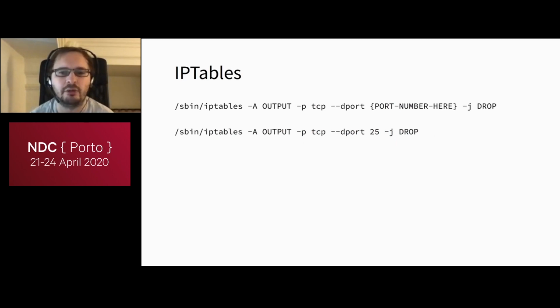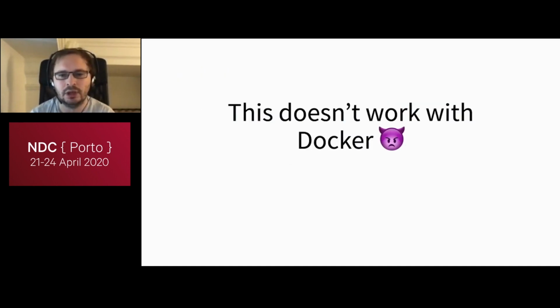So in this case, we're just saying we're dropping all outbound access to port 25. So, for example, people can't talk to a mail server running on port 25 to send out spam email. And this can be a range of ports or anything else we have in place, for example, BitTorrent ports or Bitcoin mining tools.